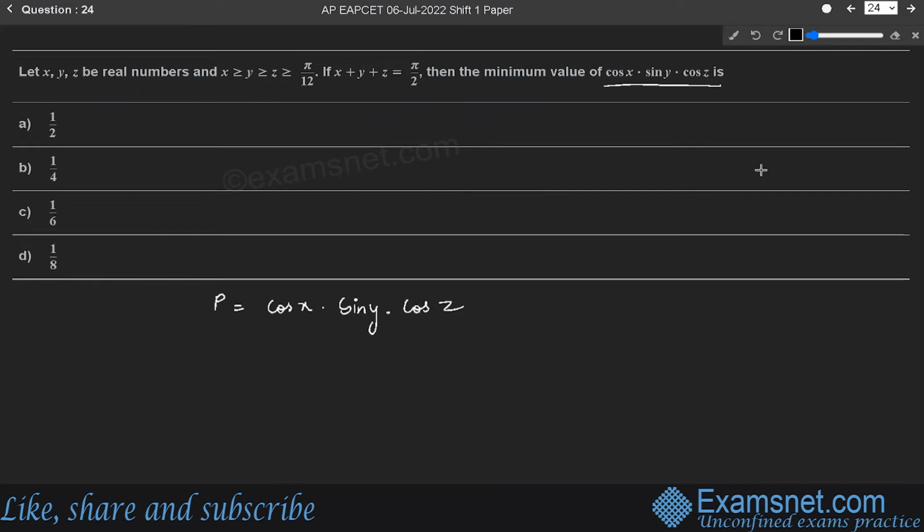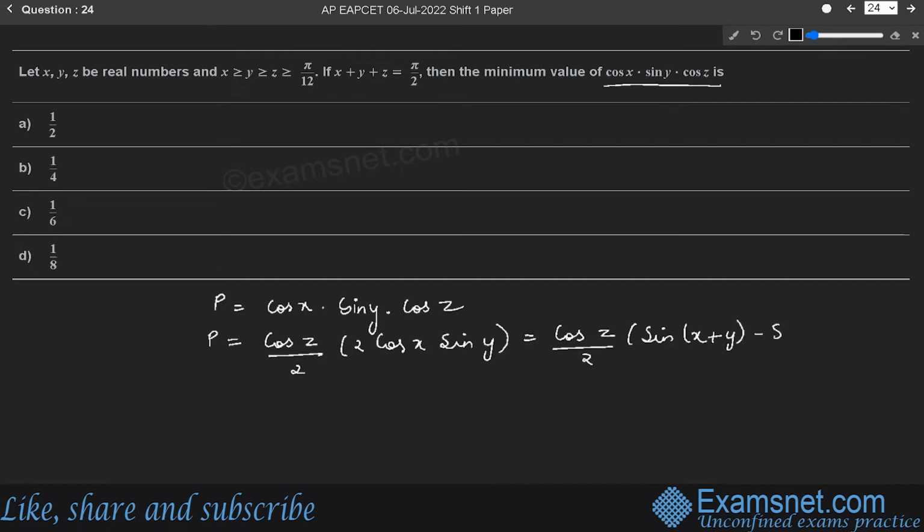Now, it can be written as P is equal to cos z by 2 into 2 cos x into sin y. We have multiplied and divided by 2. So it becomes cos z upon 2 into (sin(x plus y) minus sin(x minus y)).